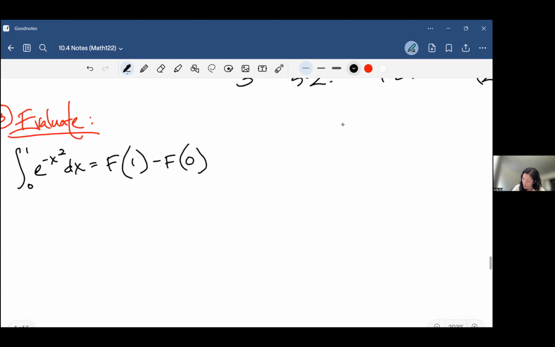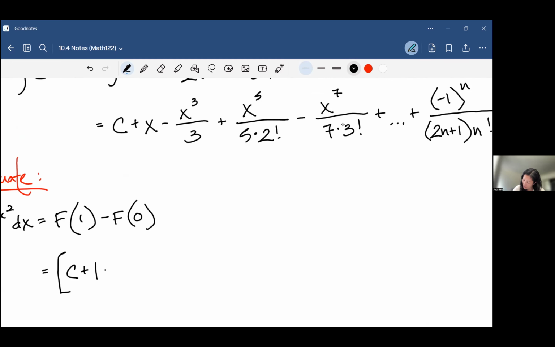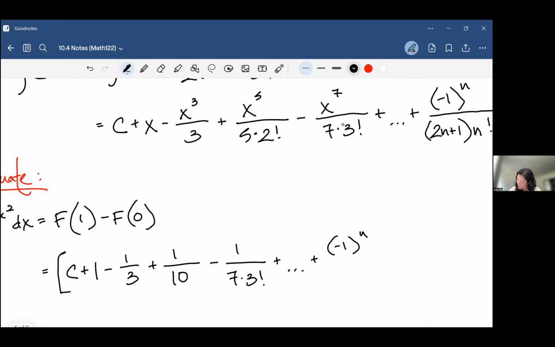We're going to get c plus 1 minus 1/3 plus 1 over 5 times 2 factorial, which is 10, minus 1 over 7 times 3 factorial, whatever that is, plus negative 1 to the n over 2n plus 1 times n factorial times 1 to the 2n plus 1.